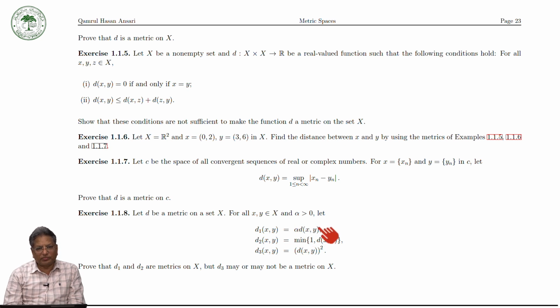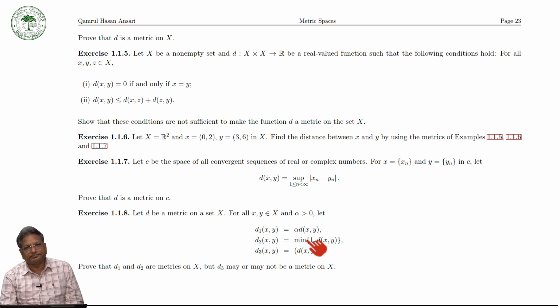Then this would also be a metric on X. Instead, we can define D2 as the minimum of 1 and dxy. Then this would also be a metric on X. Now again, my question is, what will happen if instead of minimum, I consider the maximum? Can you say anything? Would it be a metric?